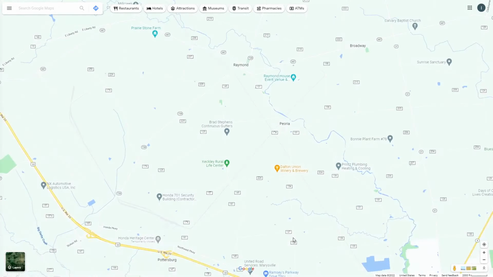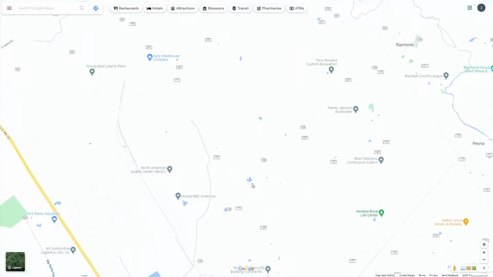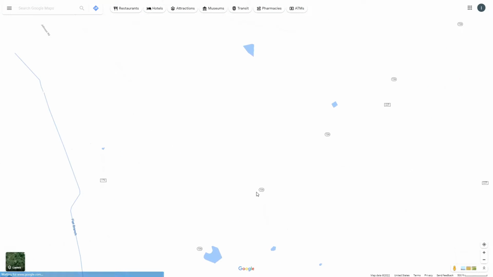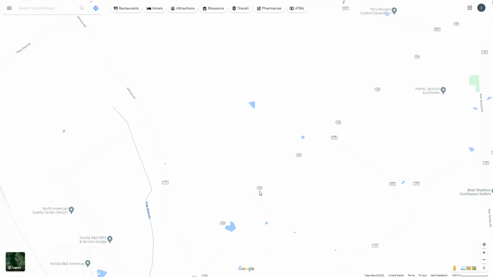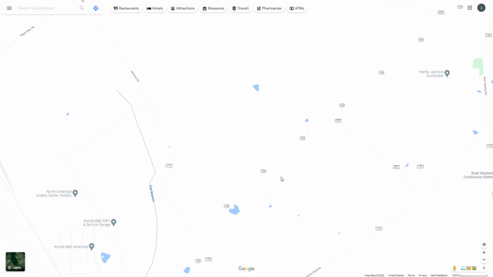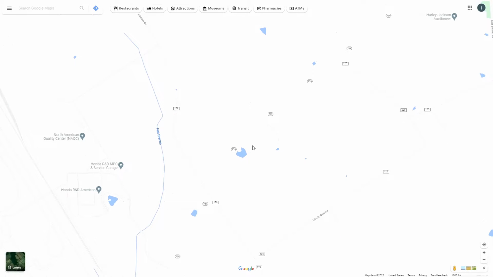Let's move on to state routes. We have one right here in Google Maps. These are displayed as little circles with the route number inside of it. So here is State Route 39, 739. Basically it's maintained by your state.